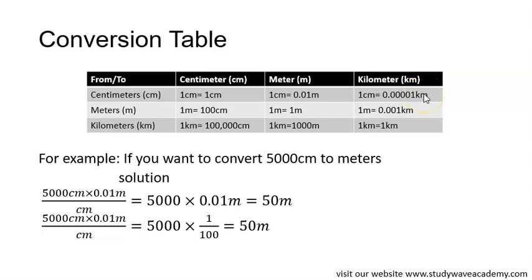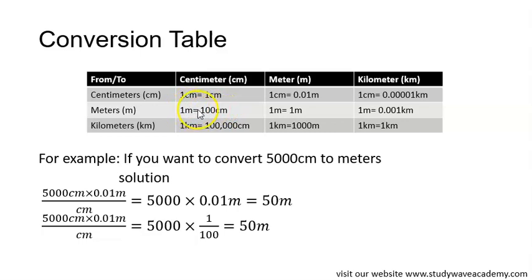Okay? So 1 centimeter in meter is 0.01 meter, and 1 centimeter in kilometer is 0.00001 kilometer. Okay?